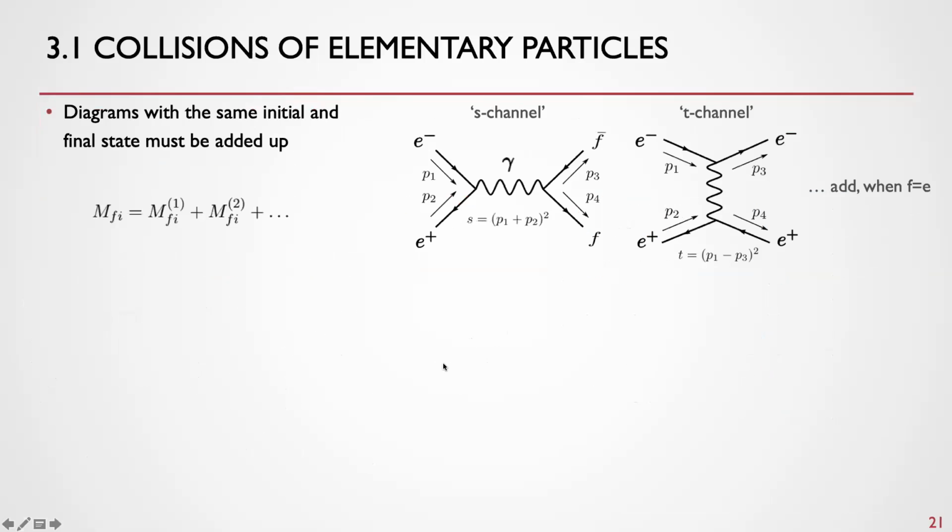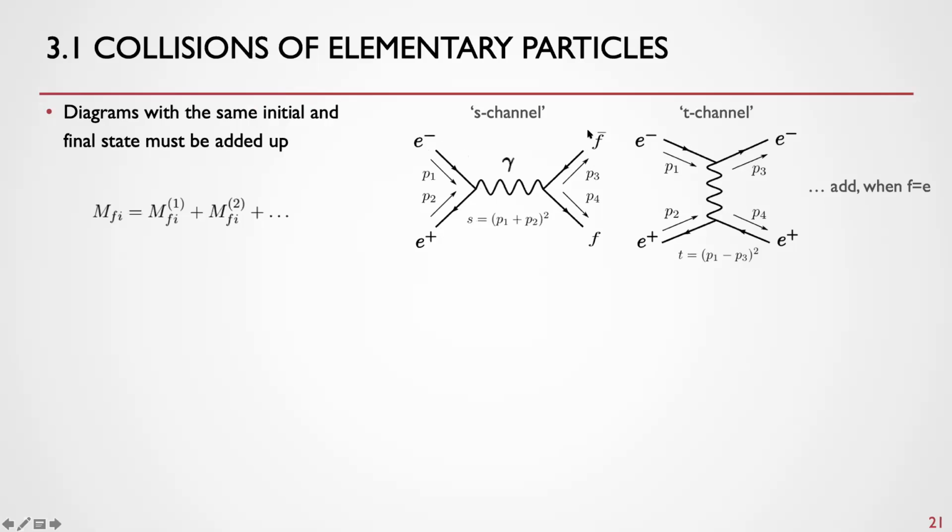They all have to be multiplied. What does this look like? In truth, you have to add up all diagrams that you can draw. So that's the S-channel diagram: electron-electron goes to fermion-fermion.